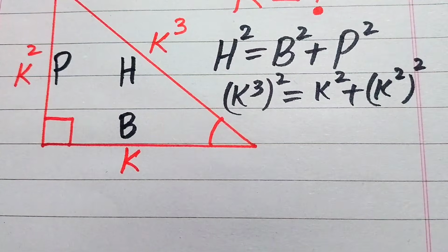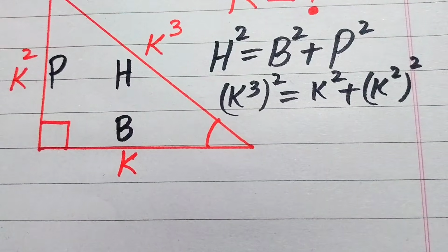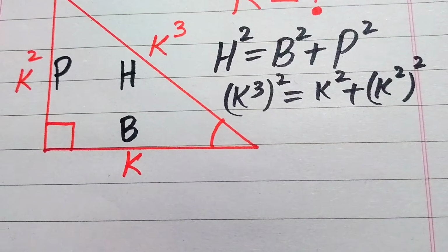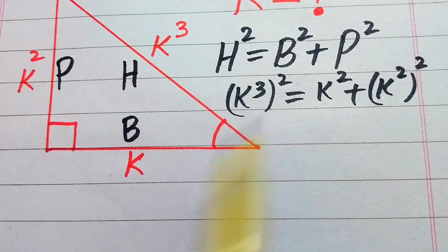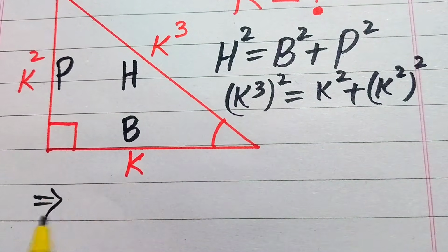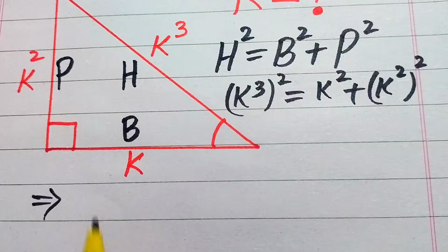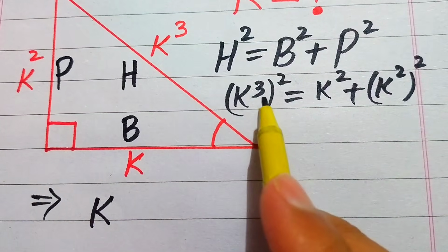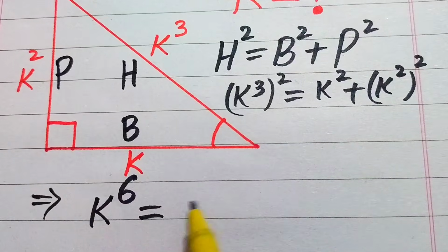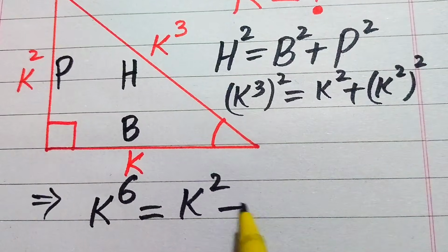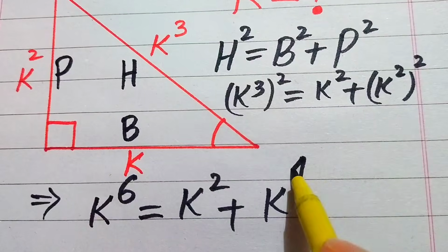Now in the next step, we need more simplification and we use the exponential rule. If you have an exponent to an exponent, these two exponents are multiplied by each other, and we get k to the power of 3 times 2, which is 6, is equal to k square plus 2 times 2, which is 4.